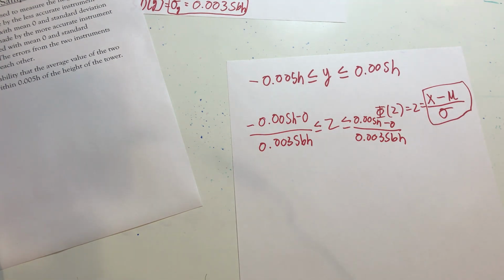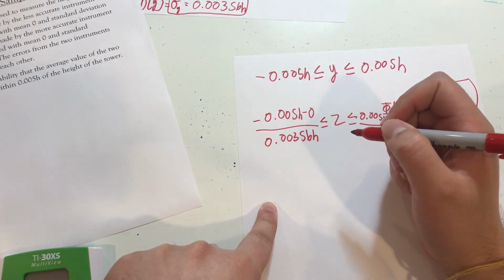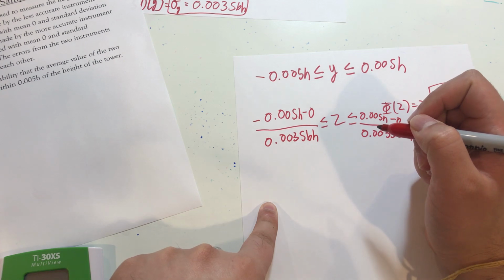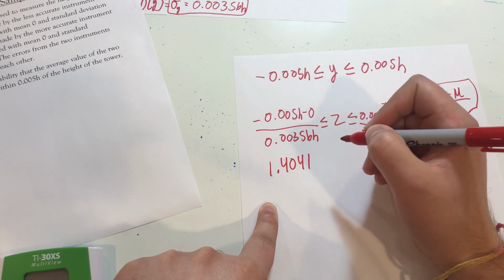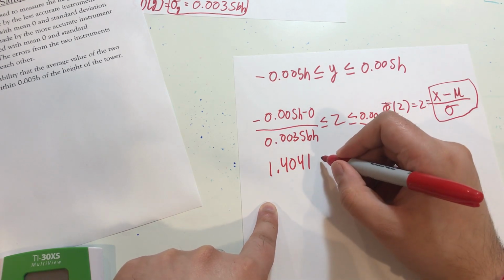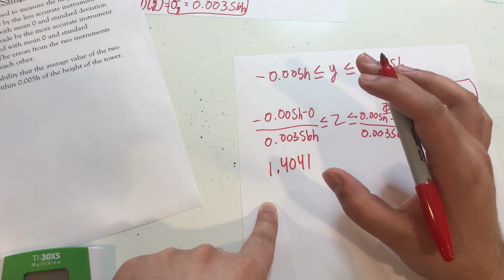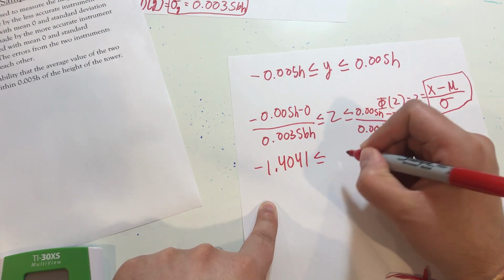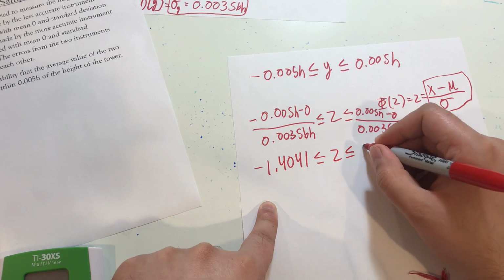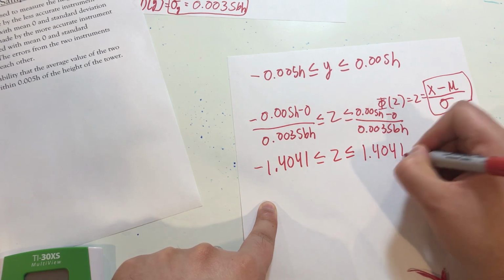So doing that division gets me the following z-scores, which is 1.4041, which since our table goes to 2 decimal places, I'm going to just round. Sorry, and this would be a negative. Negative 1.4041 less than or equal to z, less than or equal to positive 1.4041.